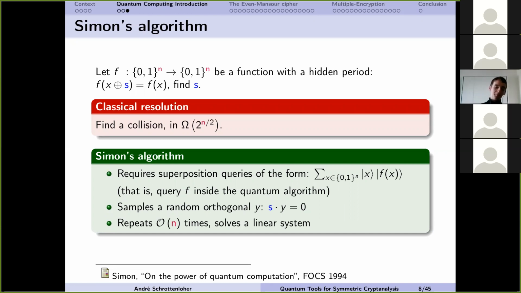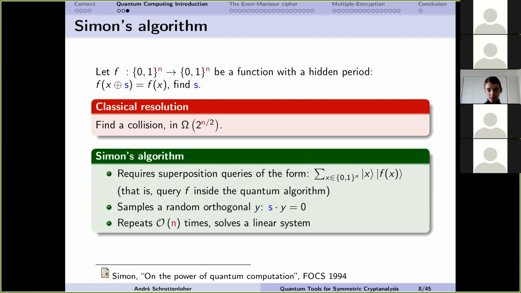With Simon's algorithm, we can do a lot better if we have quantum access to the function f. That means being able to query f inside a quantum algorithm. And in particular, if we're able to produce quantum states that are uniform superposition, so basically they contain all the input outputs of f.